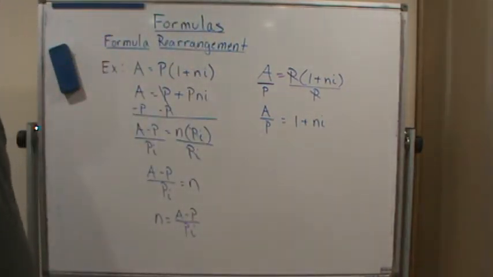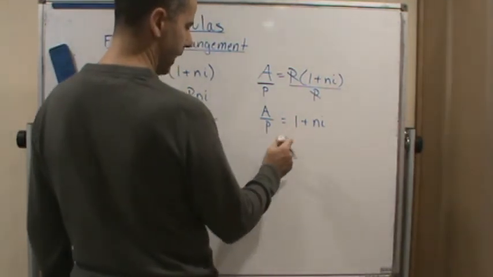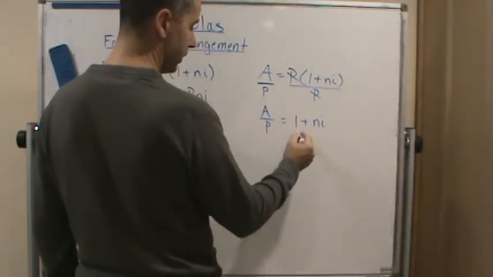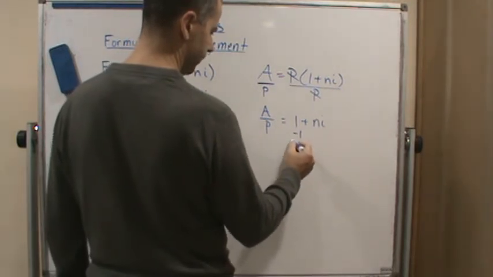Okay. So now I subtract 1 from both sides, right? I'm adding 1, so let's subtract 1 from both sides.